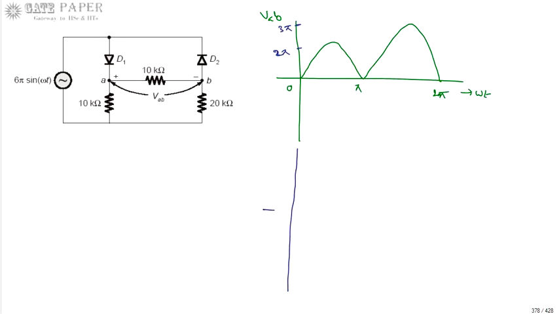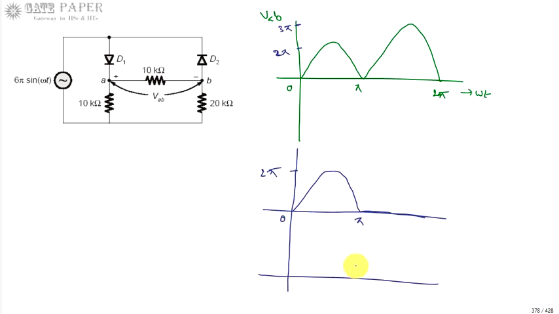The same VAB can be written as the summation of two waveforms. Between 0 to π the waveform is having 2π, and between π to 2π that is having this value. So the maximum peak for this one is 3π, and the maximum peak for this one is 2π.